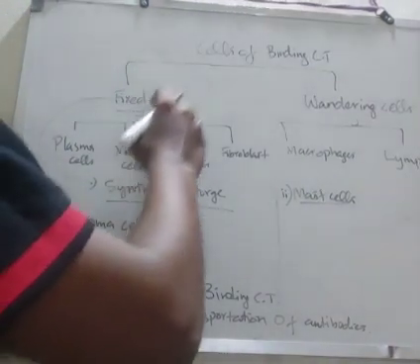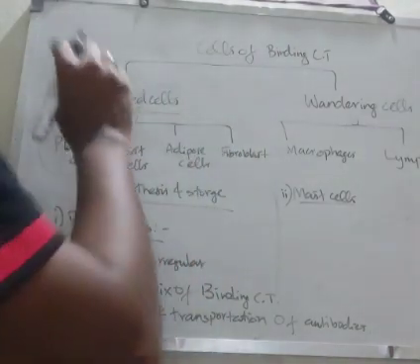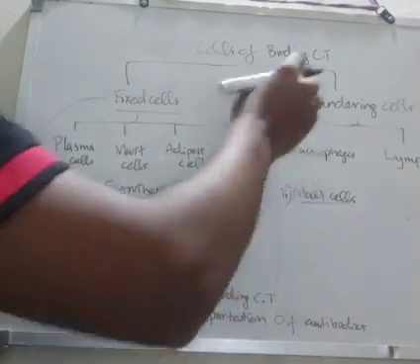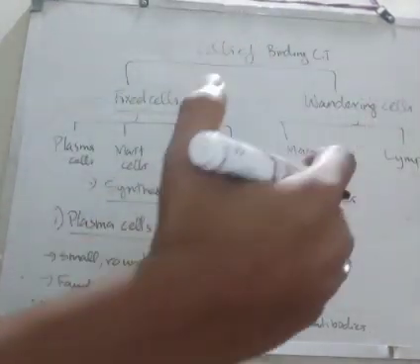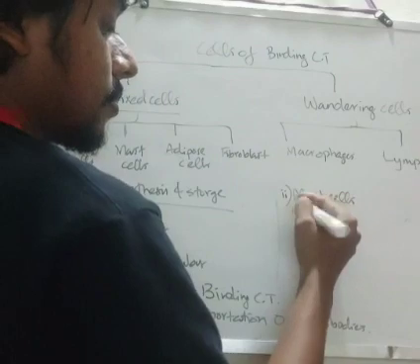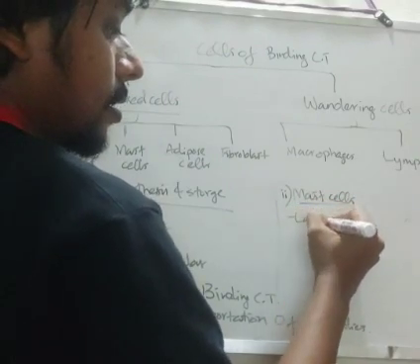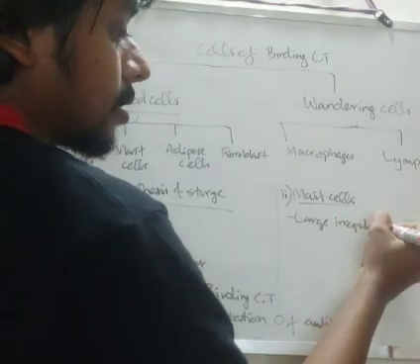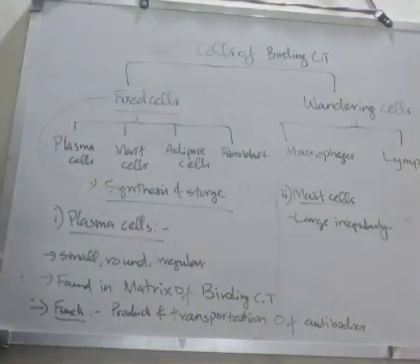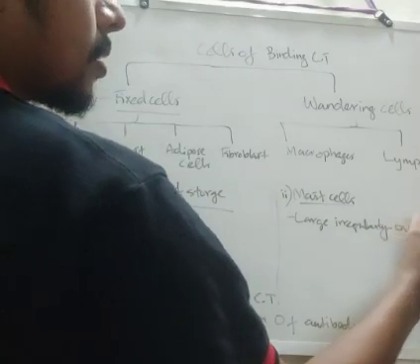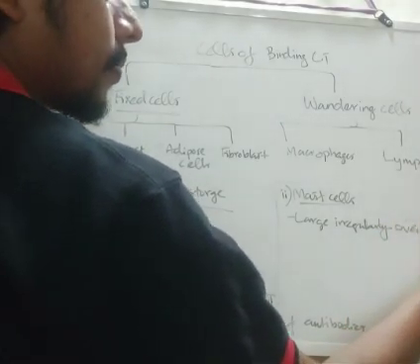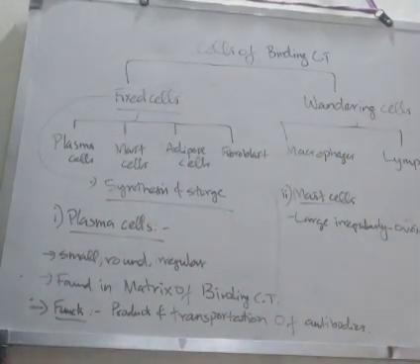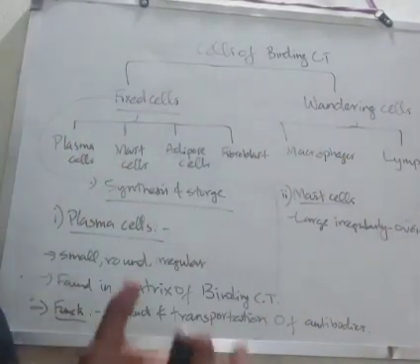Fixed cells means the cells of binding connective tissue. Mast cells are large, irregularly ovoid cells. Okay, the shape is ovoid.